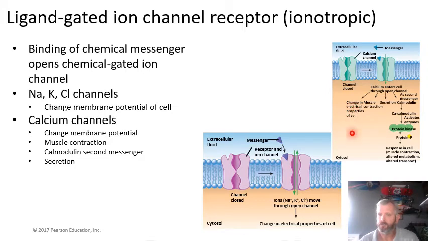We can change electrical properties similar to what we see here, but we can also activate what we call a second messenger system, with calmodulin. We can cause muscle contraction or also secretion of other molecules. But this process is the same. Basically, binding of that chemical messenger opens a channel to allow the various ions in.